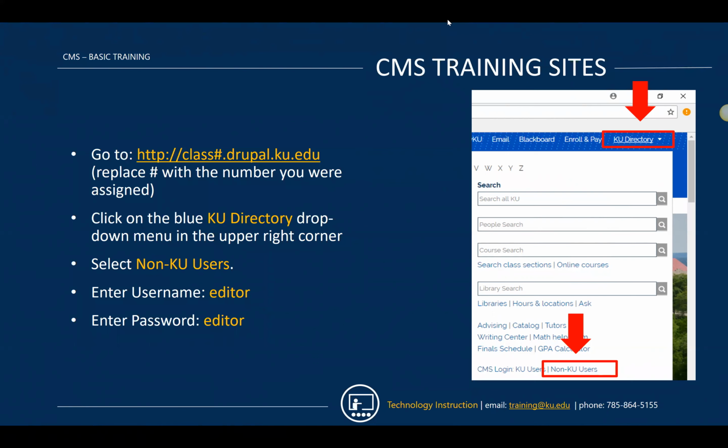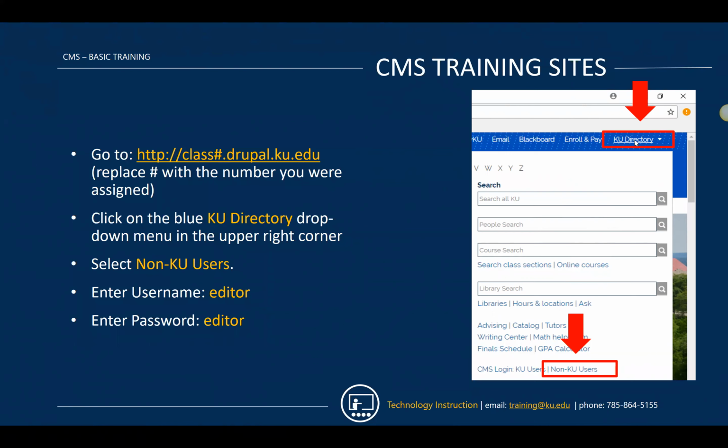Megan, number 6. Micah, number 7. Tiffany, number 8. And TK, if you take number 9, please. So it would be class 9.drupal.ku.edu, in your case, TK.